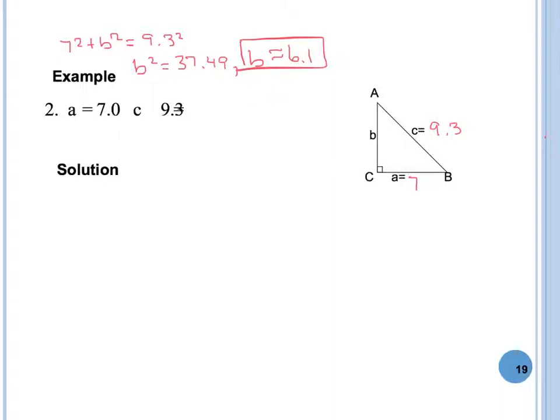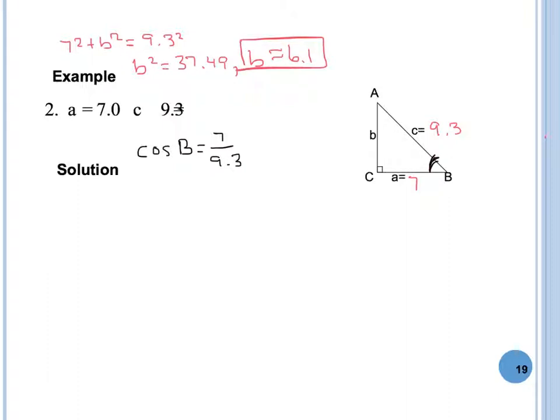And let's see, if I look at angle B, it gives me an adjacent and a hypotenuse. So adjacent and hypotenuse, here I'll make it in black this time, would be cosine, and I'd have 7 over 9.3.